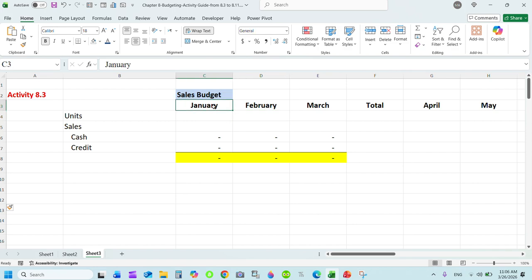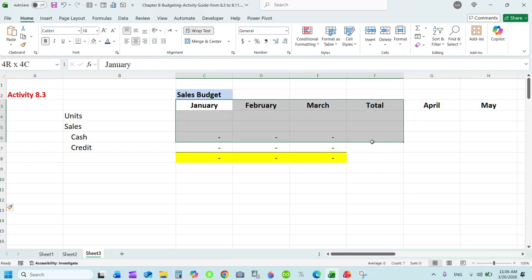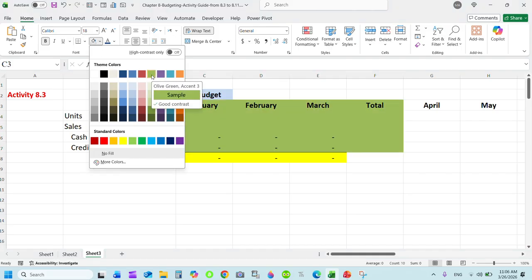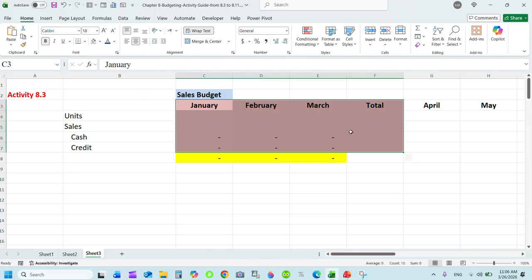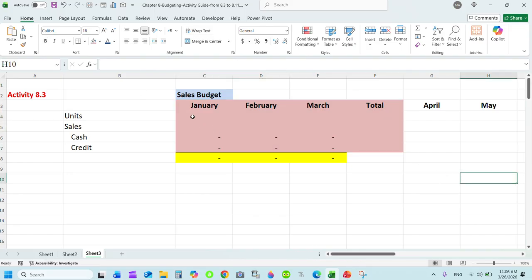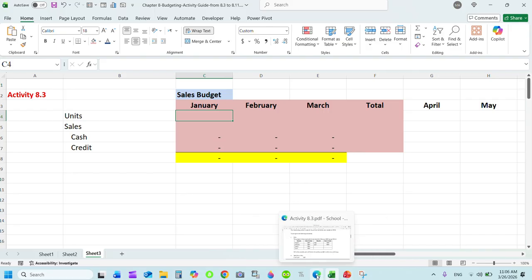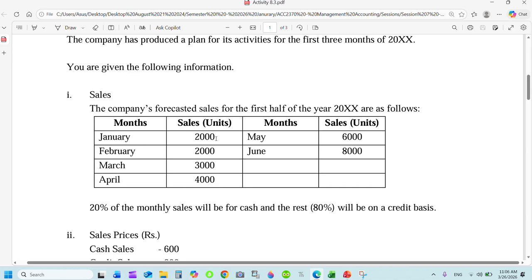Okay, this is our sales budget format: January, February, March, total, right? So the number of units to be sold that you expect is 2,000, 2,000 and 3,000.